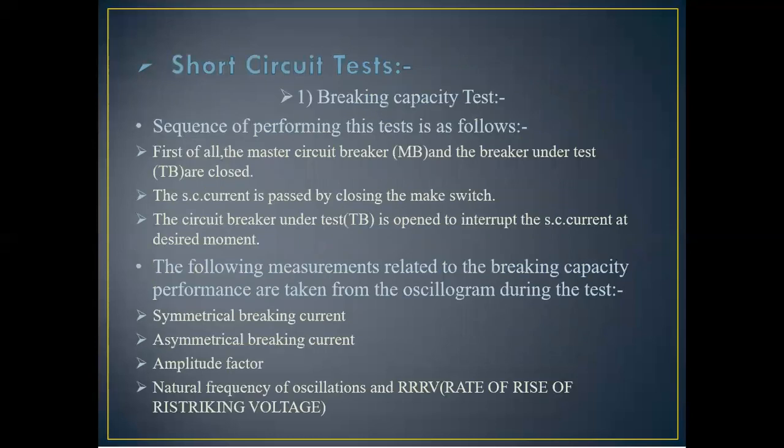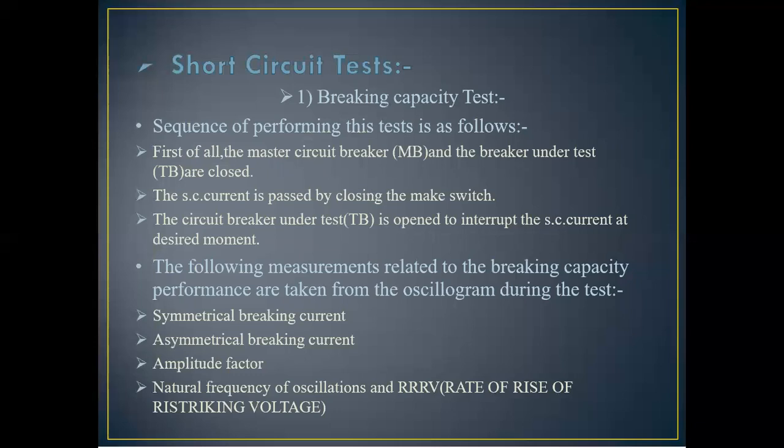Then short circuit test, in which first one is a breaking capacity test. The sequence of performing this test is as follows. First of all, the master circuit breaker, the main circuit breaker, and the breaker under test are closed. The short circuit current is passed by closing the make switch. The circuit breaker under test is opened to interrupt the short circuit current at the desired moment.